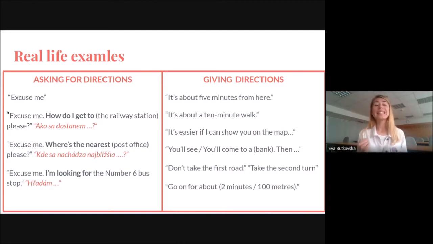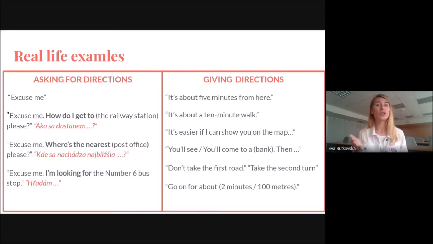So the first one is, excuse me, how do I get to the railway station? How do I get to the city center? How do I get to the neighborhood, etc.? So you are asking for directions. Never forget to add please and thank you. Remember, English is a very polite language, so start with excuse me and finish with please, always.